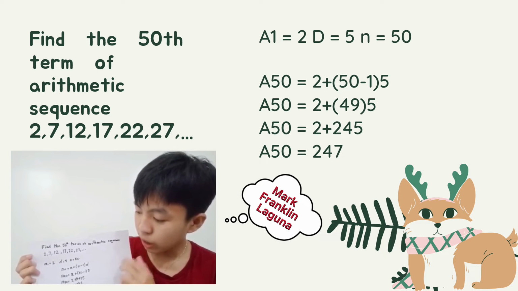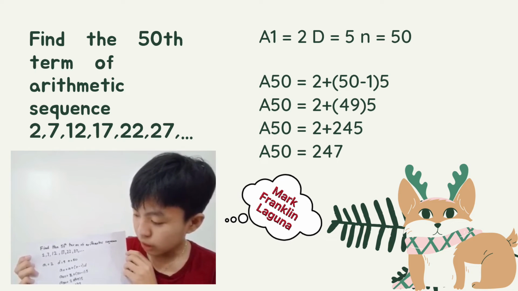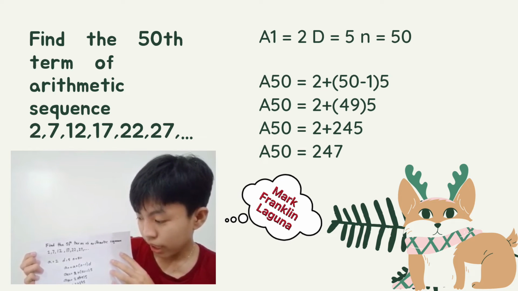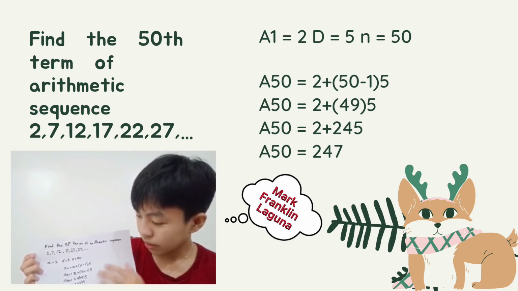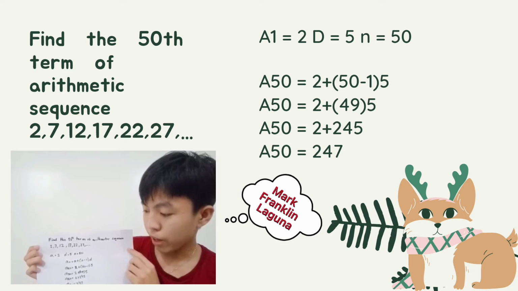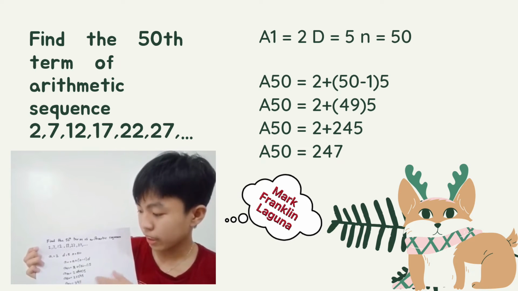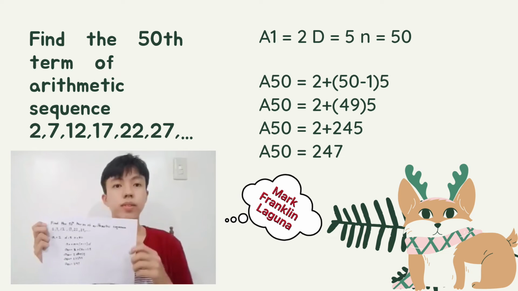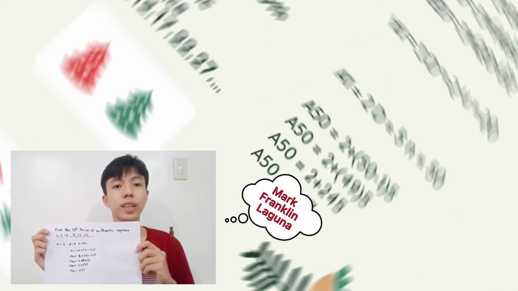And we will get 2 plus (49)(5). And we will get 2 plus 245, and we will just add it, and we will get 247. And that is the arithmetic sequence.